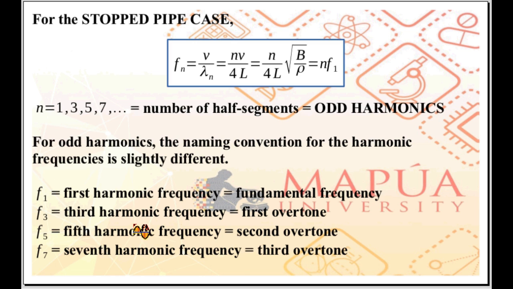F3 is the third harmonic frequency. It's the first overtone. And then we have F5, fifth harmonic frequency or second overtone. F7 is the seventh harmonic frequency or third overtone. F9 is the ninth harmonic frequency, fourth overtone, and so on.